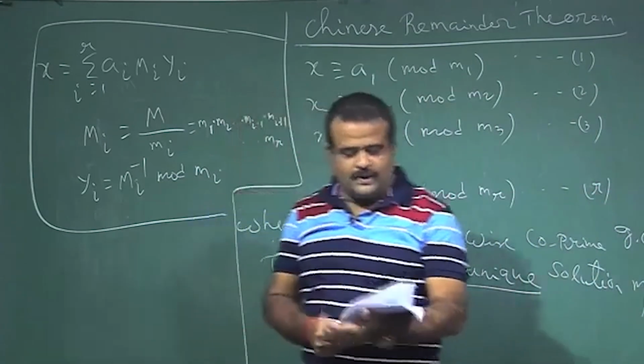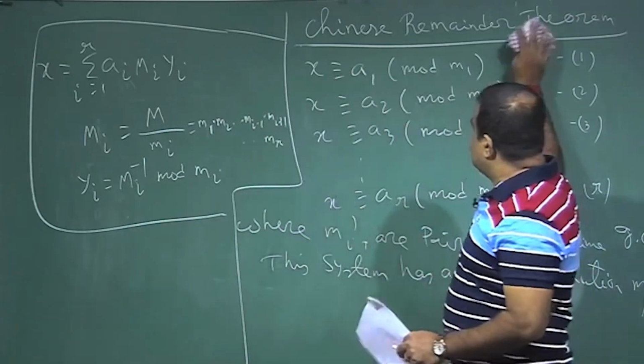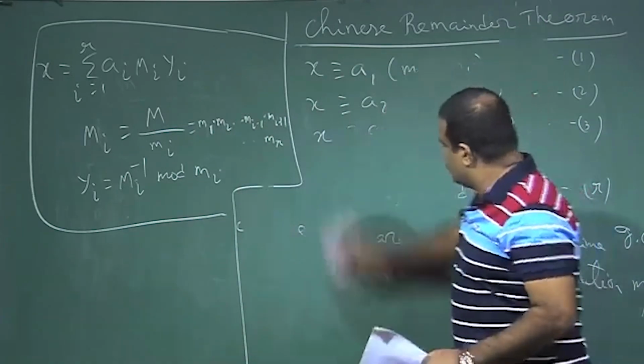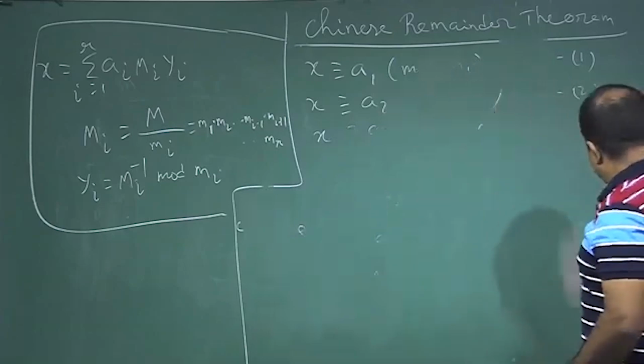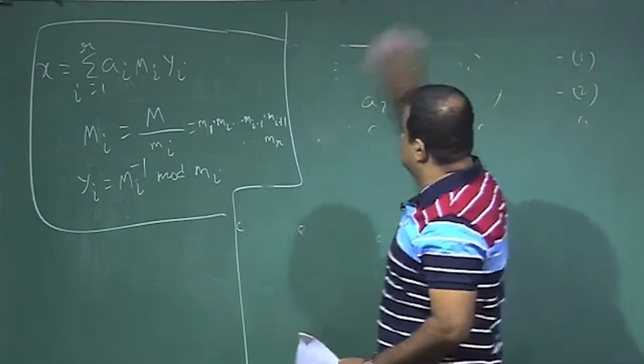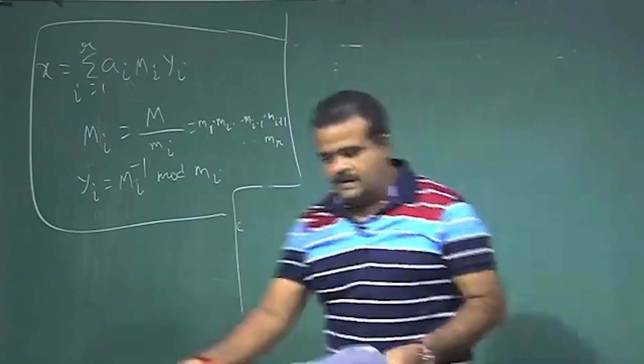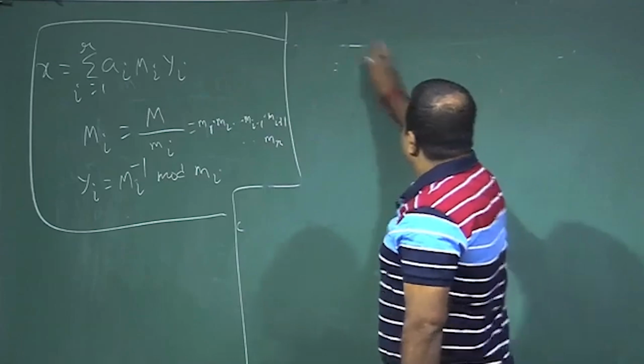So, we will take an example. We will take 3 equations, as we have seen how we can tackle 2 equations. Now we take 3 equations and then we will try to get the unique solution by the Chinese remainder theorem. So let us take 3 equations.